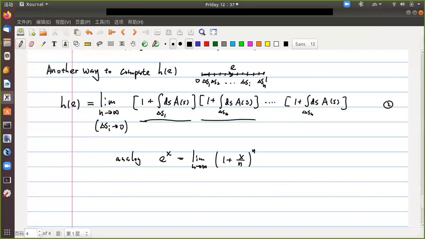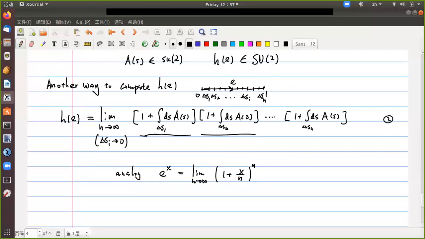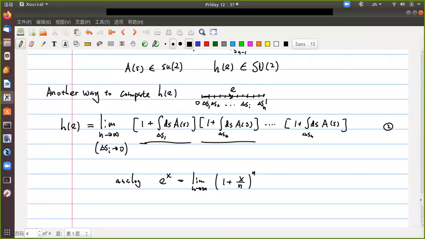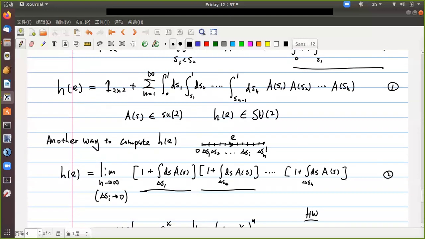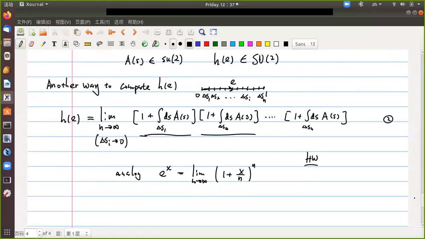The second one is sometimes more intuitive. Now your homework is to check that equation 2 is equivalent to equation 1. What you need to do is just expand this product and then take the limit.